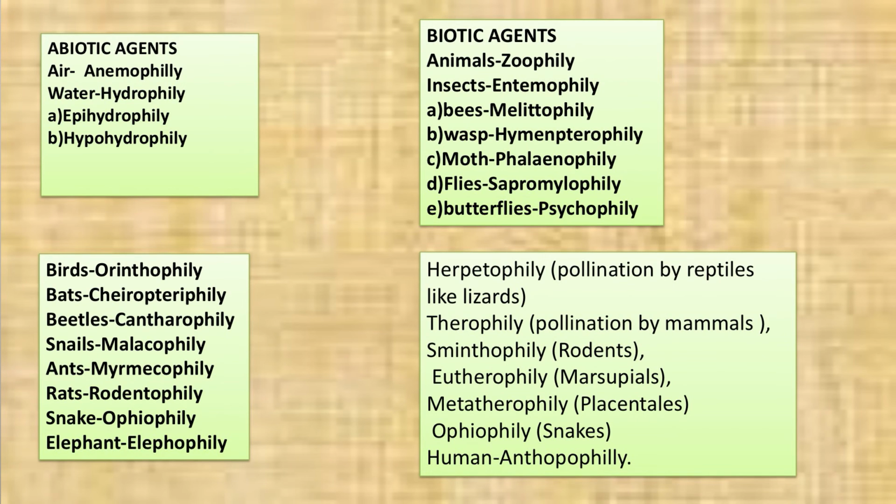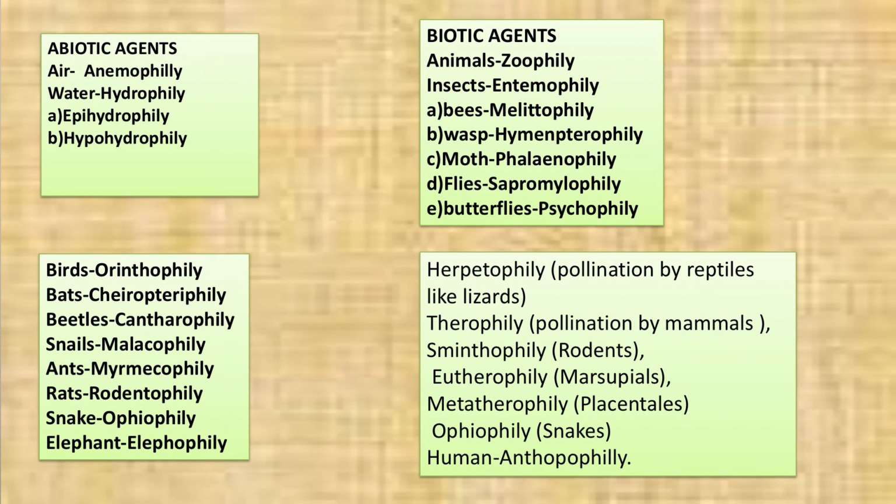And remember, 70% of the crop plants are insect pollinated, and that is called entomophily. Then among insects, bees, wasps, moths, flies, and butterflies are the agents of pollination, and accordingly different names have been assigned, like melitophily, phalaenophily, sapromyophily, psychophily.